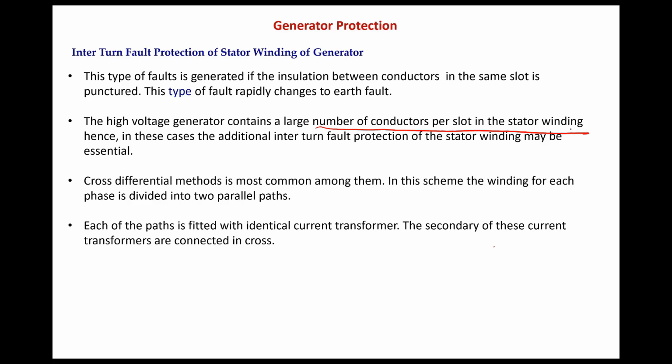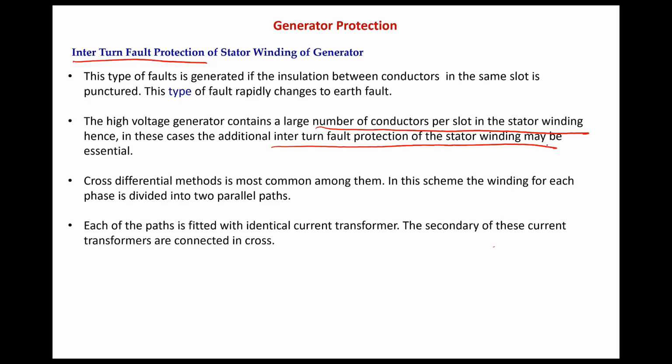If the insulation between one slot and the other gets damaged, or if the insulation of the slot edges gets damaged, there is a chance of an interturn fault. We have to protect against these interturn faults in the stator winding.